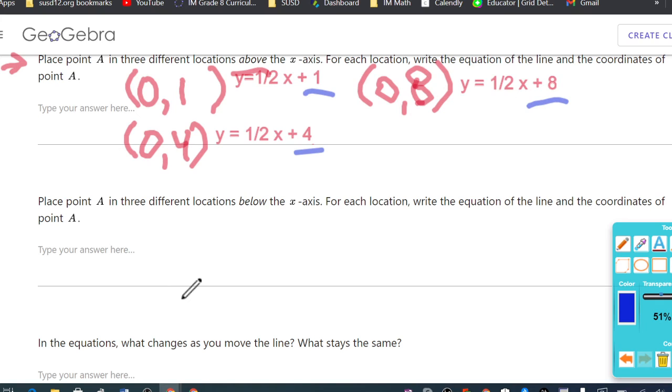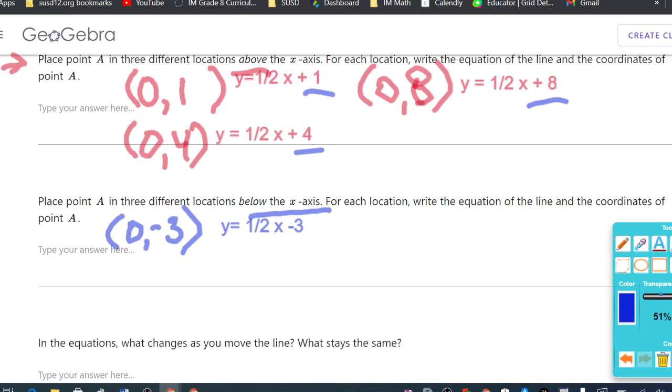It says place point A in 3 different locations below the x-axis. Okay, we did one of them, and the location was x equals 0, y equals -3. And the equation that it gave us is exactly what we expect. Y equals 1/2 x minus 3.